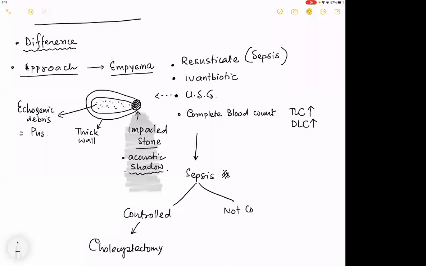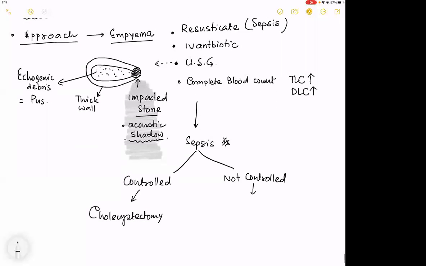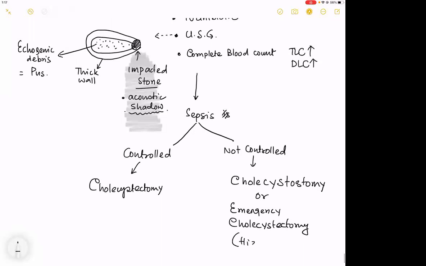Sepsis not controlled, then cholecystostomy or emergency cholecystectomy. Only question is high risk operation. Have you completed writing? Yes, sir.